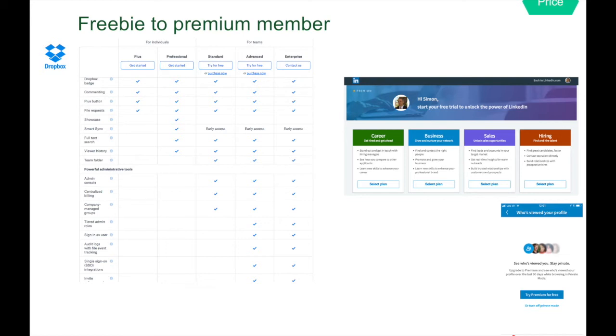You are using the LinkedIn network for, on the left hand side, career options, for business options, for sales options, or for hiring options. So this is not like a growing model. This is more a model of packages, where you are basically saying, well, I want to use it more extensively, but I only need certain services. And it's not like growing, as we can see on the left hand side.